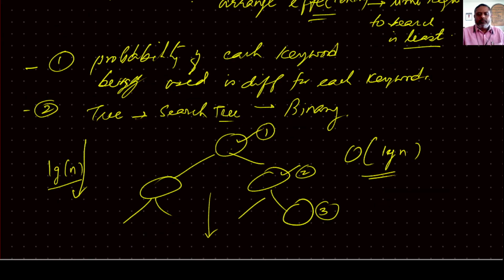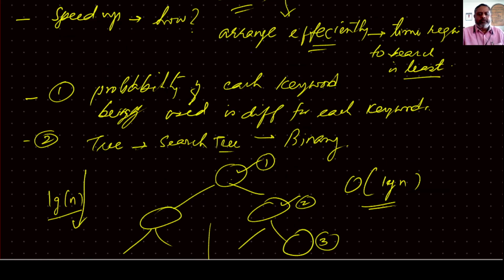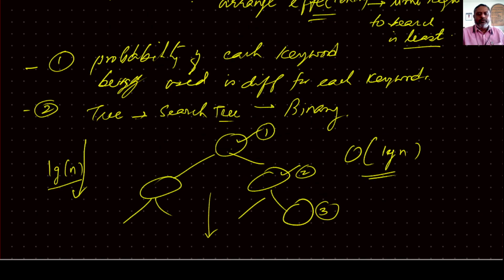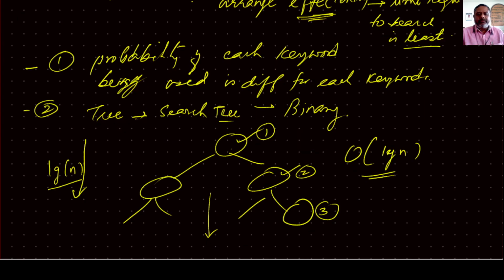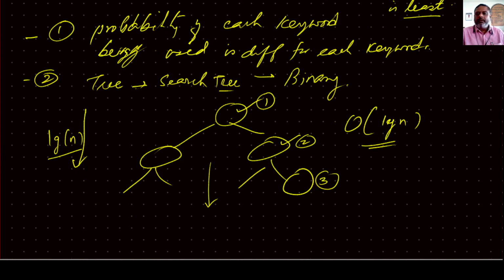So that's one issue. The second issue is that the probability of each keyword is different for every keyword. Therefore, an efficient way of presentation would be that the root should be occupied by the keyword which has the highest probability of being used.